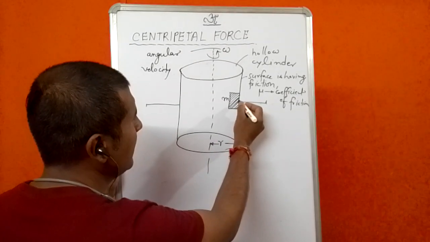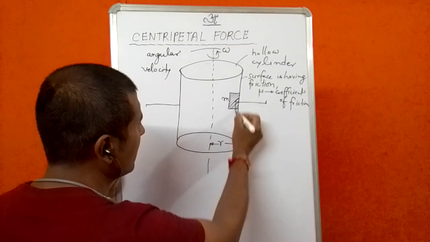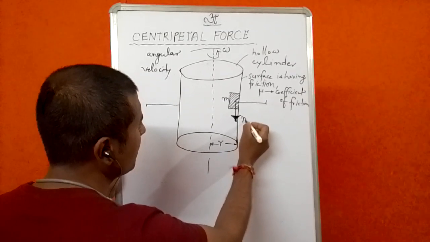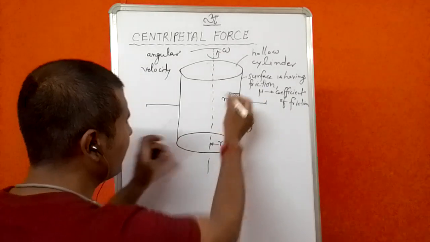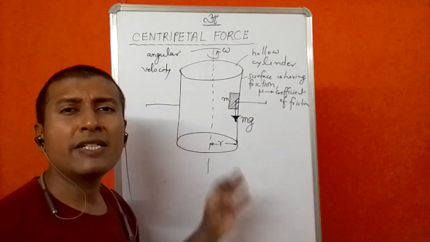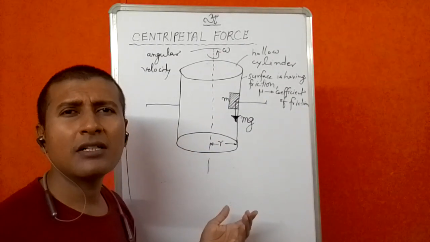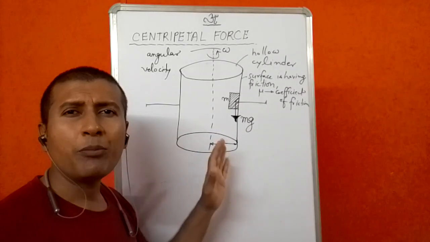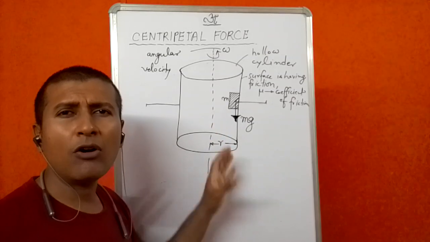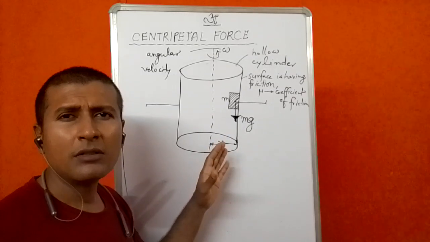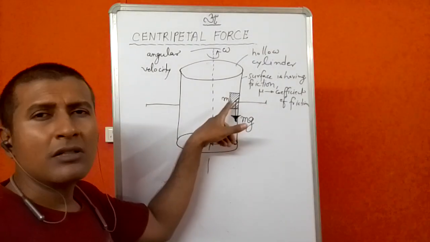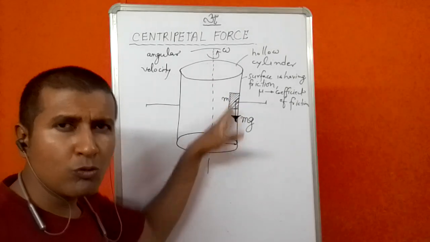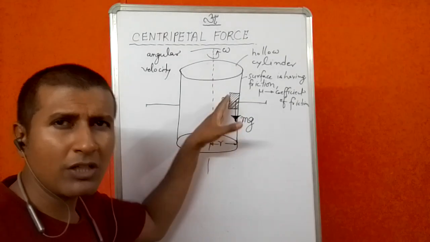First is the weight of the body, that is mg, in downward direction, correct? Now as the friction is there, the tendency of friction is to oppose the movement of the body, right? Means, let's suppose the body is here, so the body will have a tendency to move in downward direction, means it will try to fall.